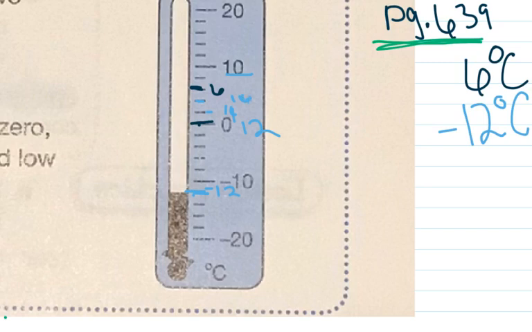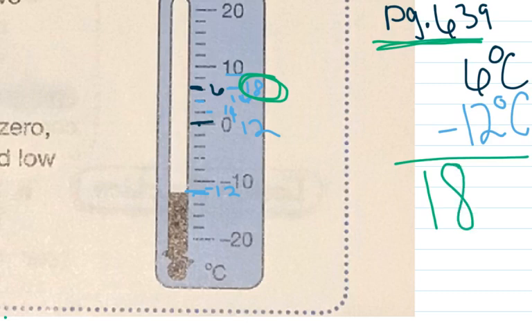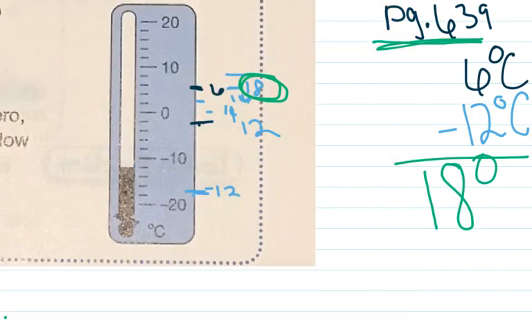And then we add 2 more to the 6 to get to this +6, which would be what? 14, 16, 18 degrees. So if you notice, the difference between 6 degrees Celsius and -12 degrees Celsius is 18 degrees. Okay? Does that make sense?